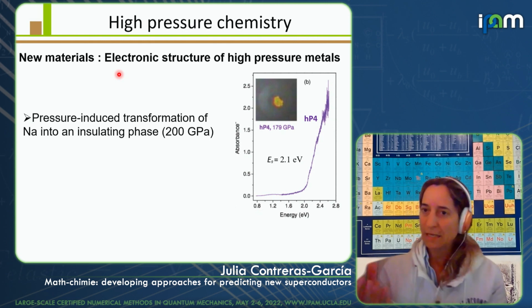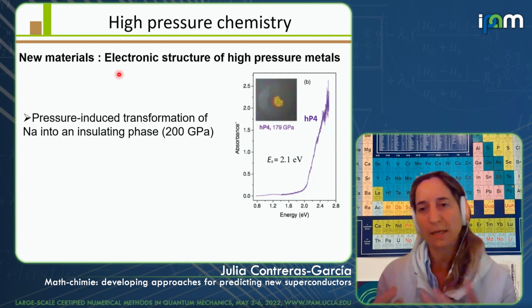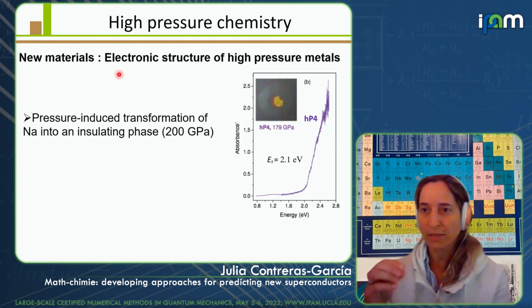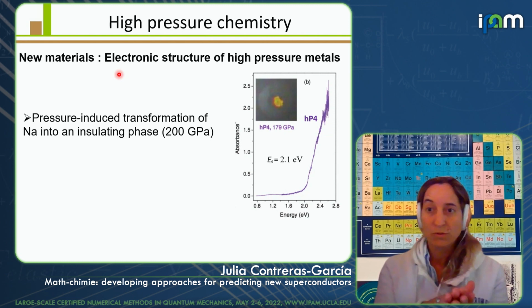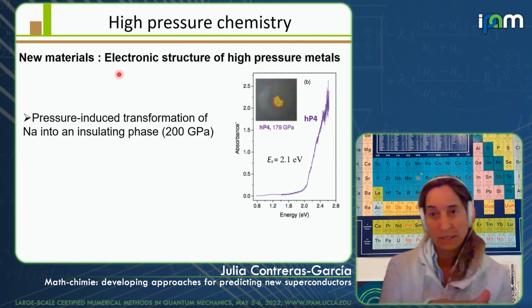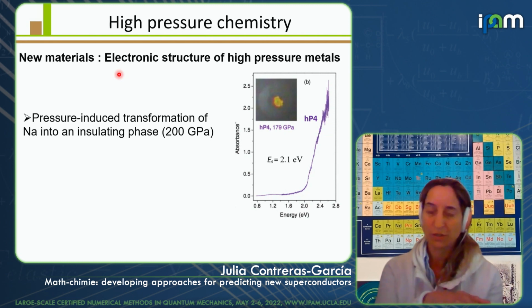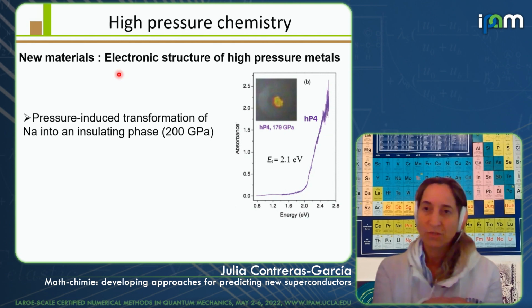Now you take any of these compounds, you put them under pressure, and for that you take a tiny sample of this metal, you put it into 2 diamonds, and you compress enormously up to 200 gigapascals, which is huge. But at that pressure, you make the measurement, and it has become an insulator.